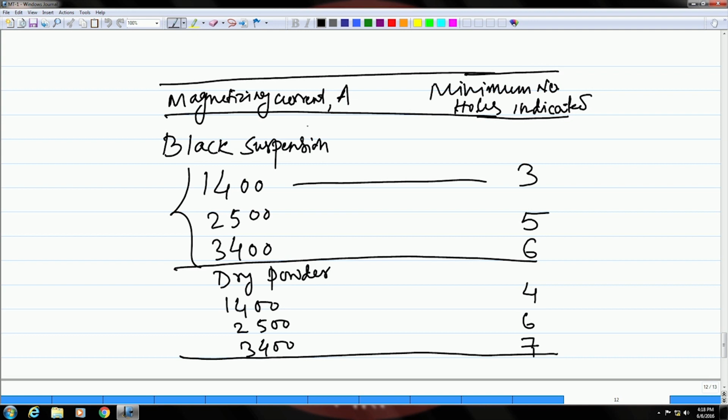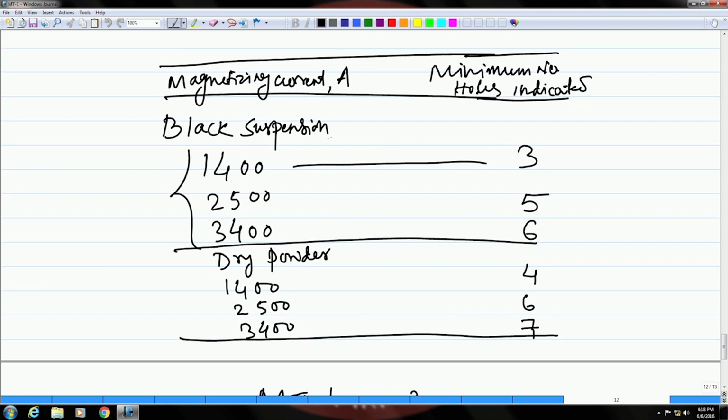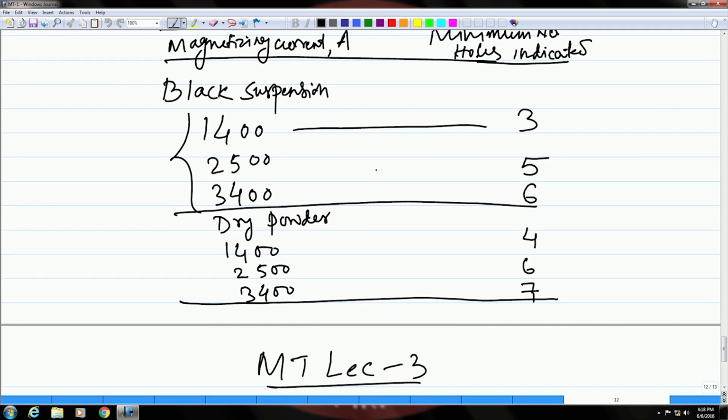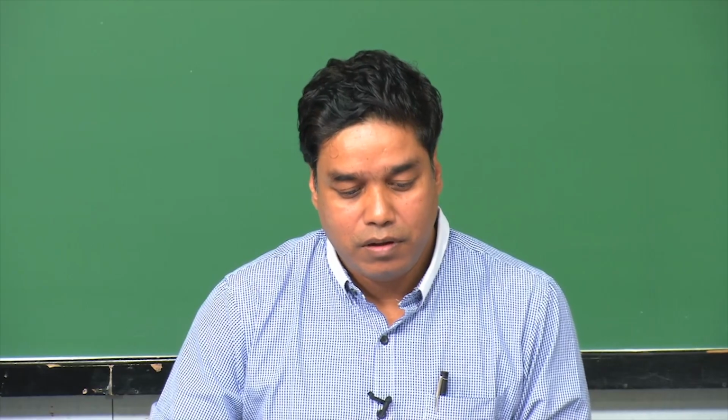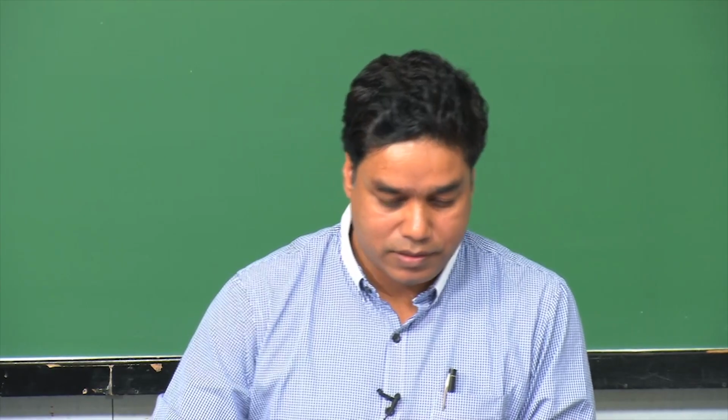With the help of a table and chart, you can know the minimum number of holes which should be indicated for a given magnetizing current. It also depends on what type of particles are used, whether a suspension or dry powders.